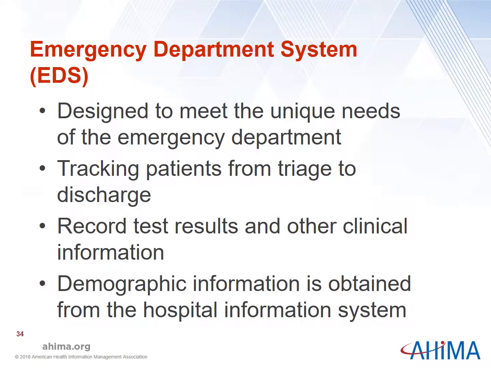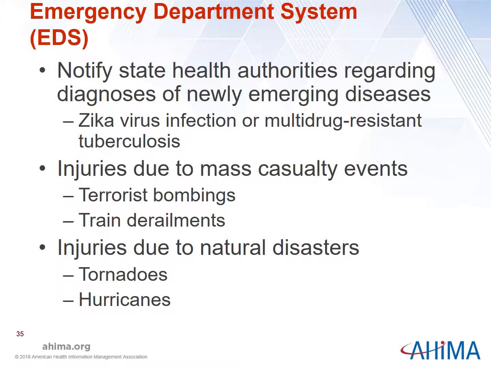The Emergency Department System, or EDS, is designed to meet the unique needs of the emergency department, including tracking patients from triage to discharge. The EDS is also able to record test results and other clinical information. Demographic information is obtained from the Hospital Information System. This information system has become increasingly important in population health reporting.